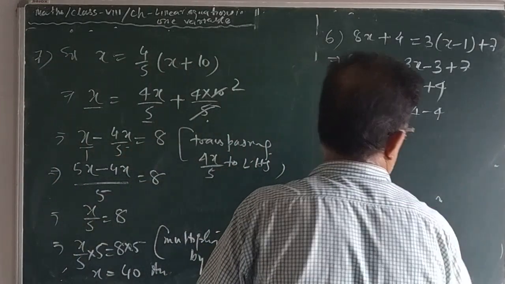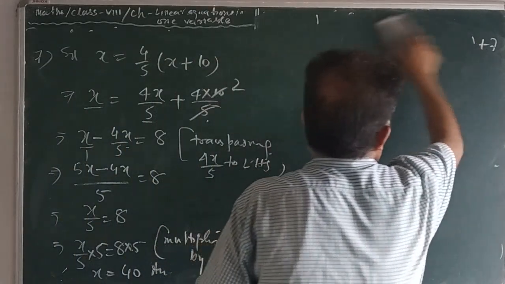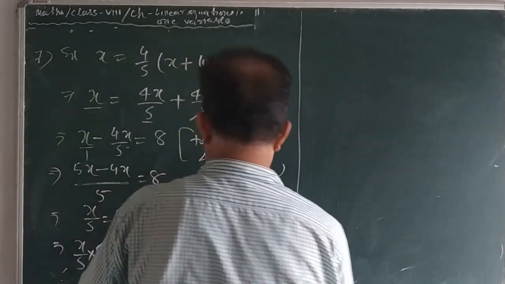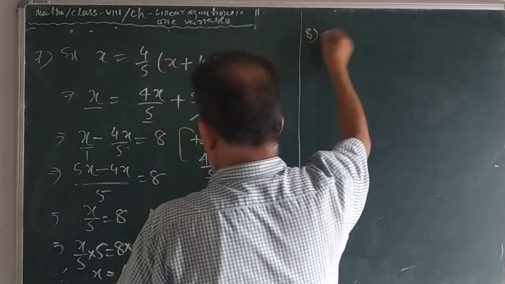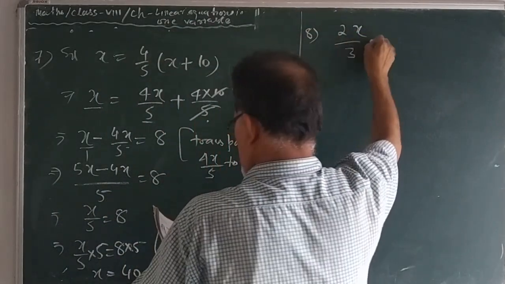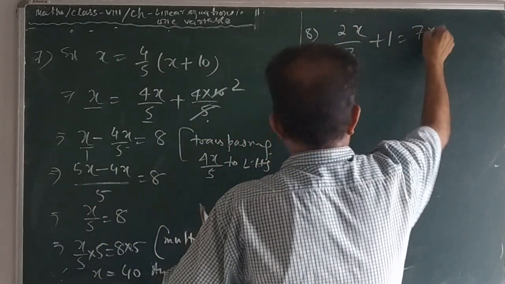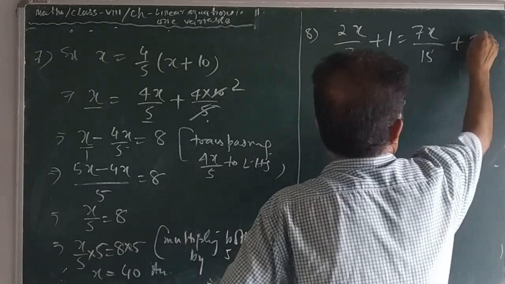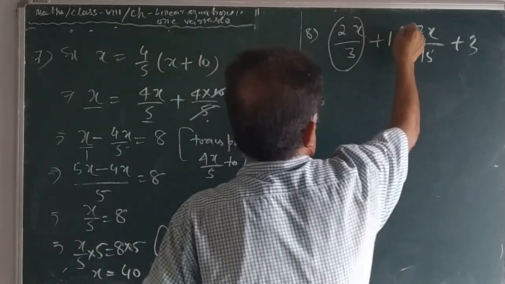Now, this is the last portion of this session. Question number 8: 2x by 3 plus 1 equal to 7x by 15 plus 1 plus 3. This is a variable, this is a constant.